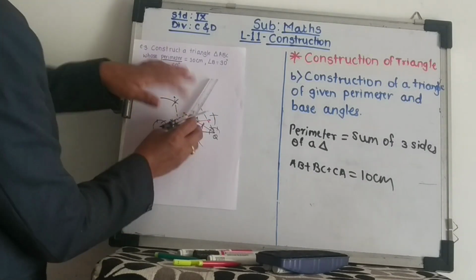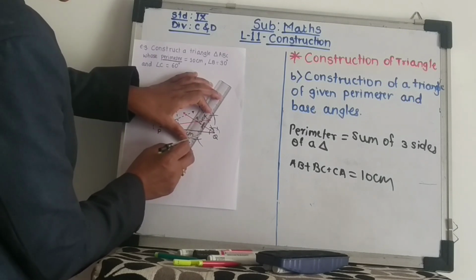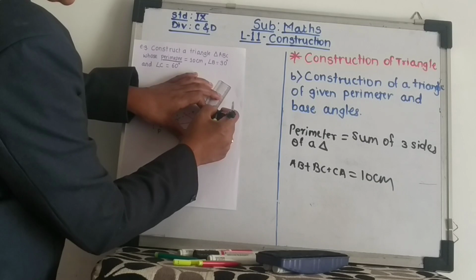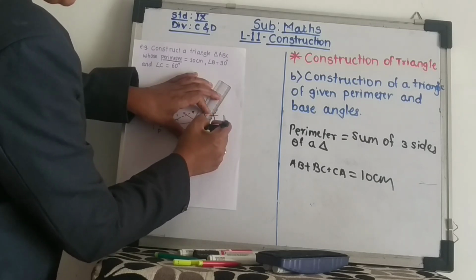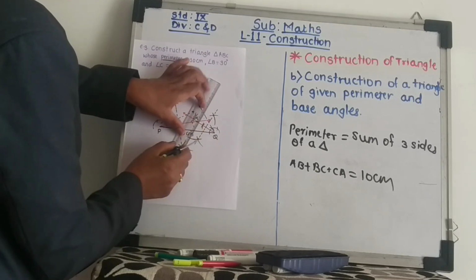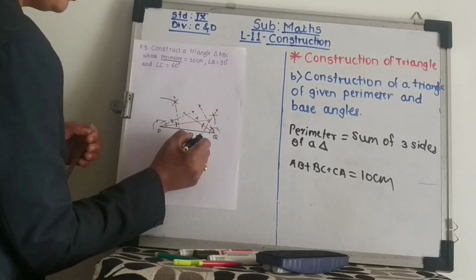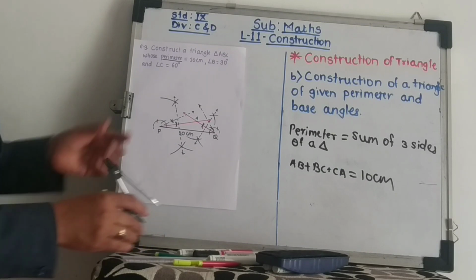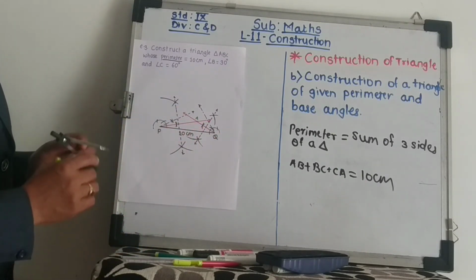So we will have here again their middle point, which we are going to join with a dotted line. Understood there? Understood here? Now see here.